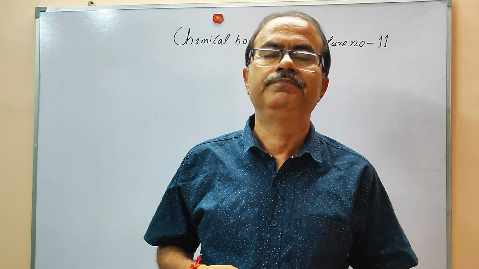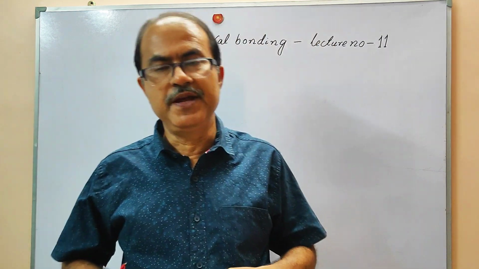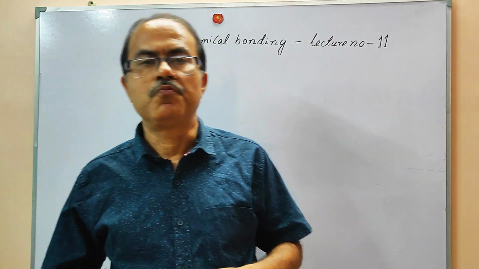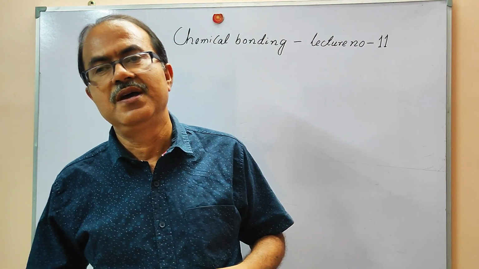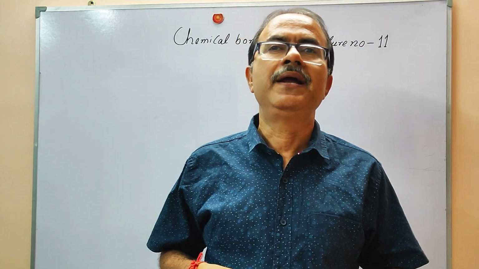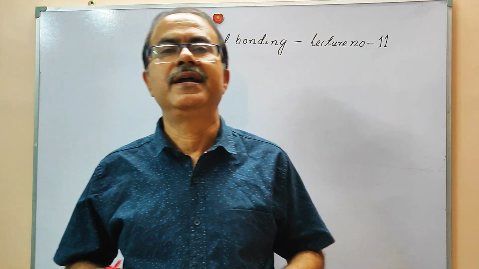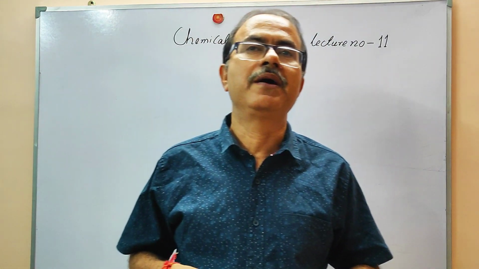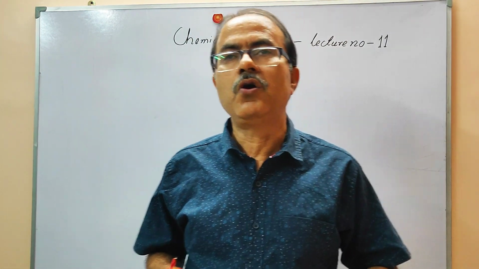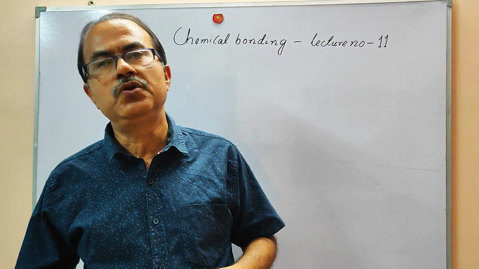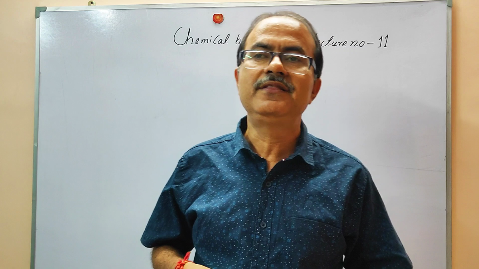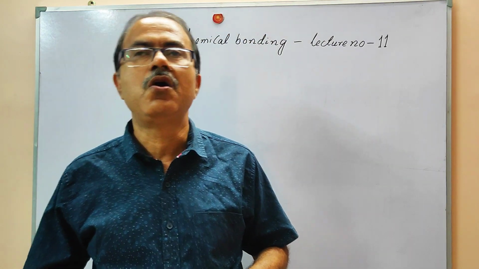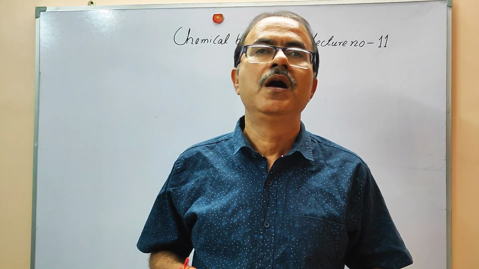Valence bond theory is not able to explain some of the properties of molecules and their ions, like the magnetic property, that is, the diamagnetic or paramagnetic property, and it also could not explain the relative bond length and bond strength of the molecules.